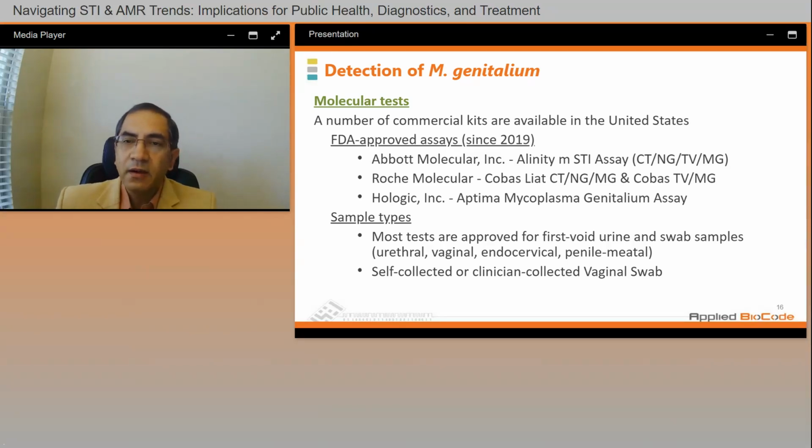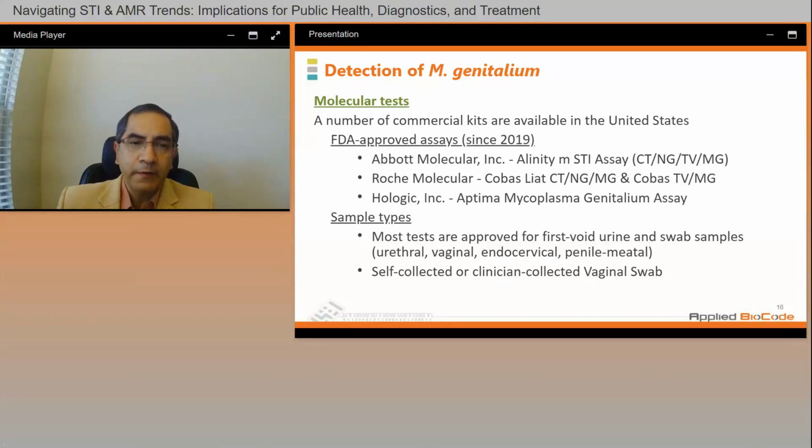Since 2019, a number of commercial FDA-approved assays have been available in the US. These tests are available as a standalone test to detect Mgen or as a combo test for simultaneous detection of multiple pathogens, including CT, NG, TRIC, etc. Testing is available on a wide range of specimen types from urogenital sources.